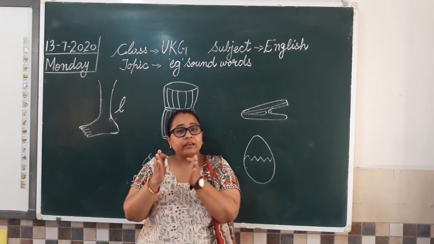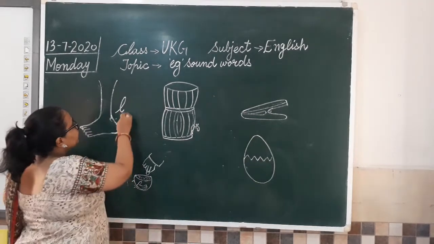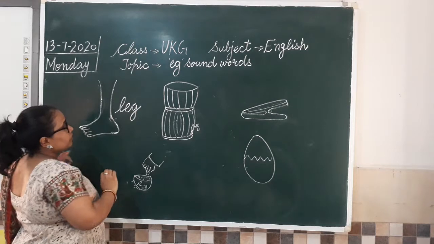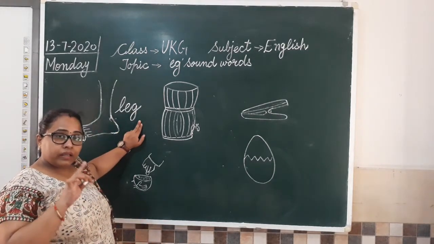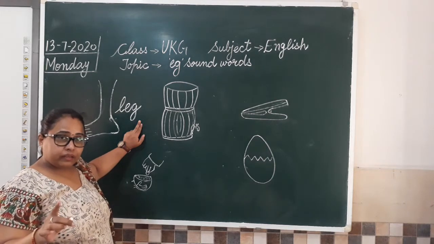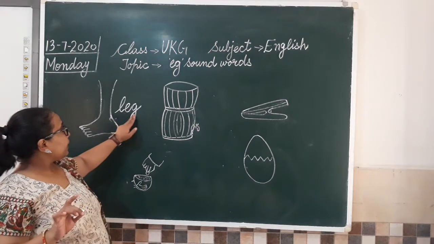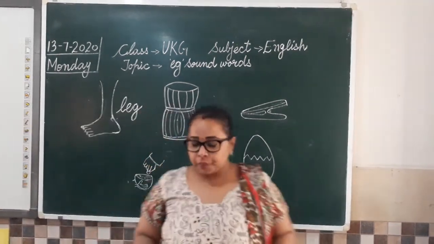L, egg, leg. So I have written L, and with L I am going to write egg. So what does it become? Leg. L, egg, leg. Clear all? Now moving to the next picture.